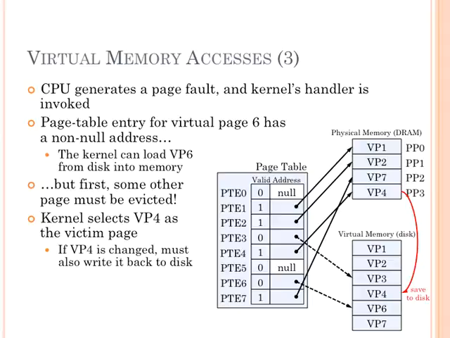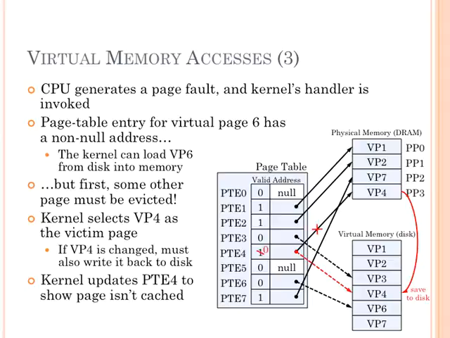And it's not very good, it turns out. So anyway, you pick virtual page 4. If it happened to be modified in memory, then we need to write it back to disk. If it's not modified, we can just throw it away because who cares? And the page table entry for virtual page 4 also gets updated to say this page is no longer resident. It is now not in physical memory anymore.